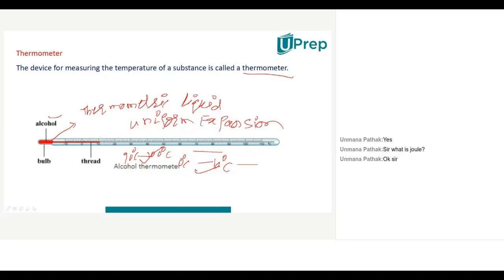And mercury generally will be of silver color. As it is silver color, definitely you can find out the temperature easily. Apart from that, the alcohol you are using will be in a red color. Some color mixing will be given to alcohol, and by using this red color thread you can find out temperature very easily.